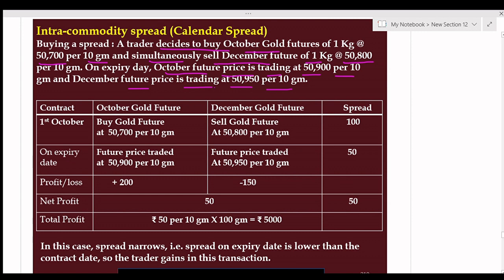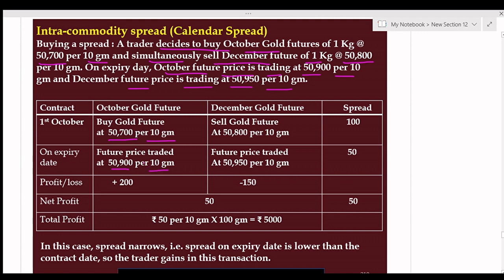The maturity is different. On October gold future, buying at rupees 50,700 per 10 gram, the future price traded on the expiry date at rupees 50,900 per 10 gram.